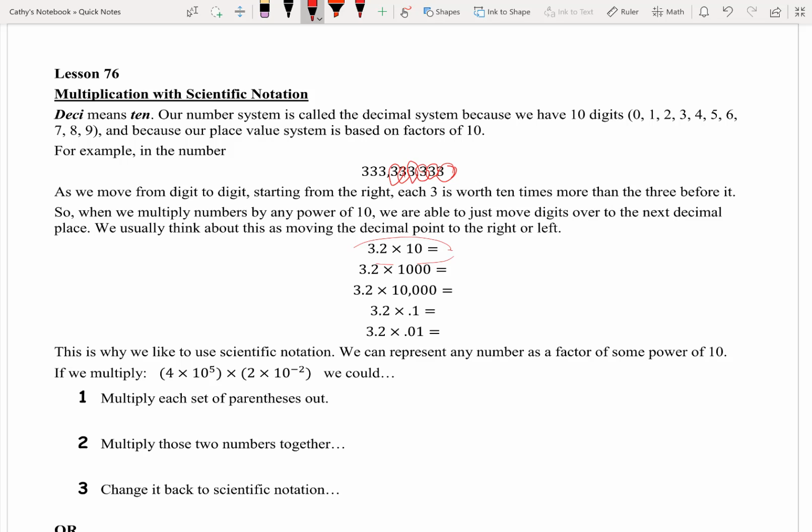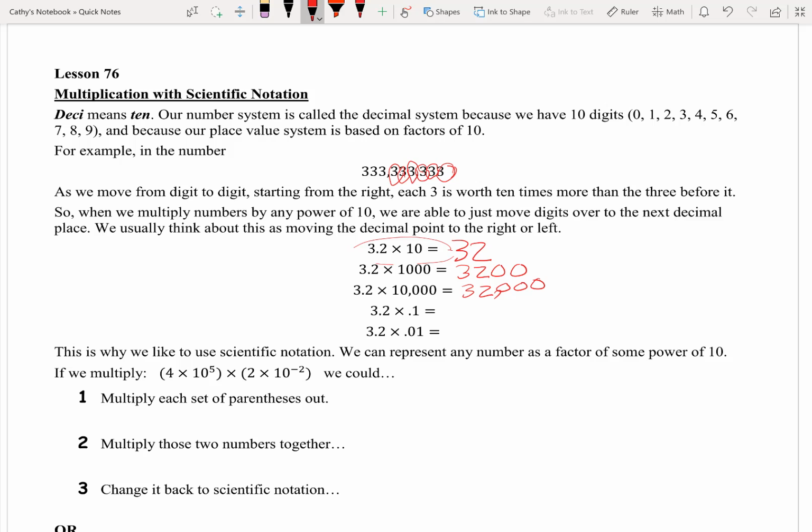So really, I'm just moving the decimal point to the right, and I get 32 when I multiply that by 10. If I multiply 3.2 by 1,000, I move the decimal point 3 places to the right, so I would have 3,200. If I multiply 3.2 by 10,000, that's 4 zeros, I would move the decimal point 4 places to the right, so I would get 32,000.